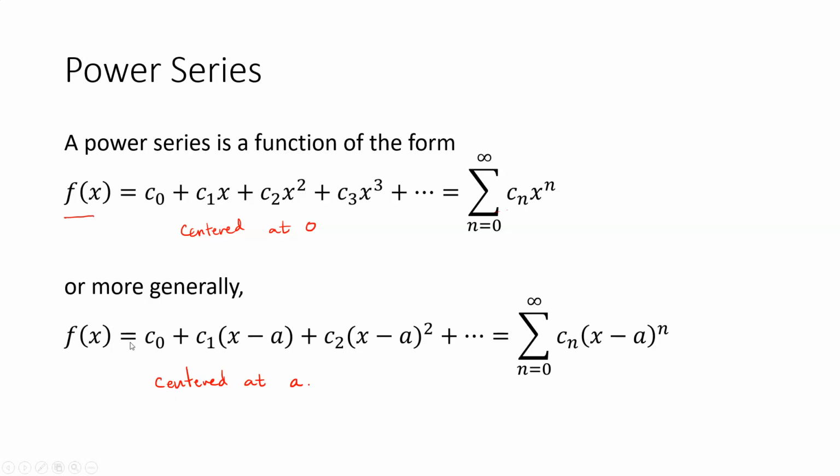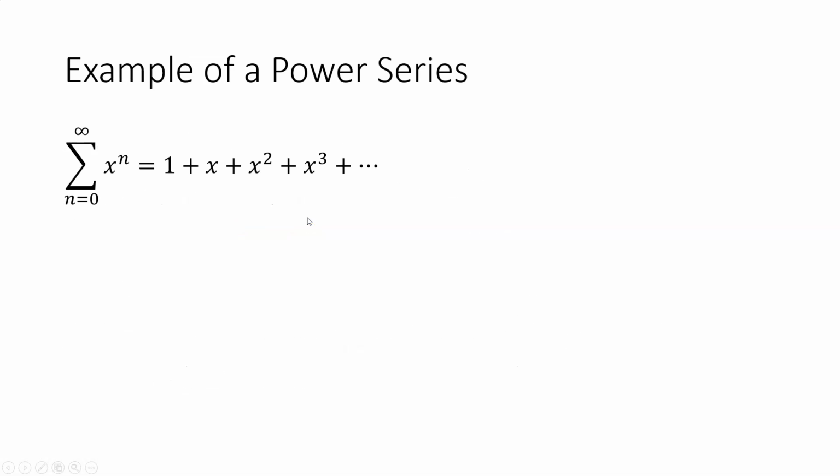So one question we might have is, for what values of x does this infinite series converge? And that's maybe one we can try and answer here with a simple example like this. Consider the series x to the n from n equals 0 to infinity.